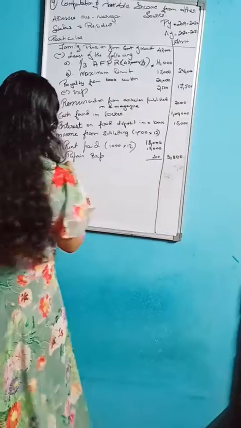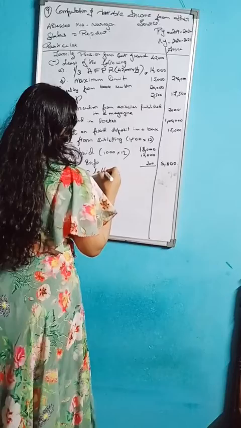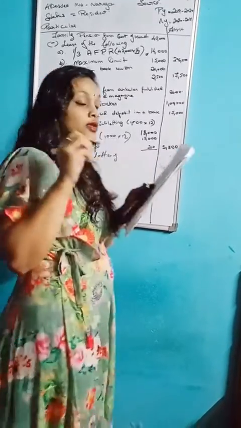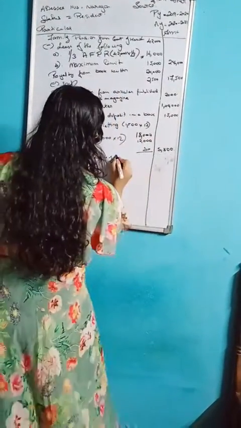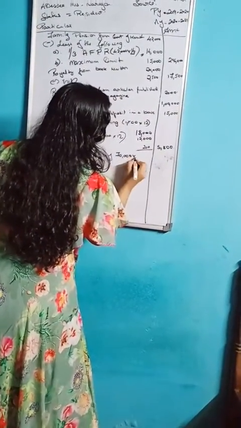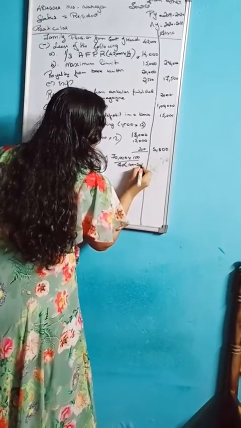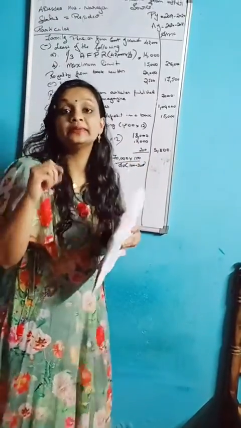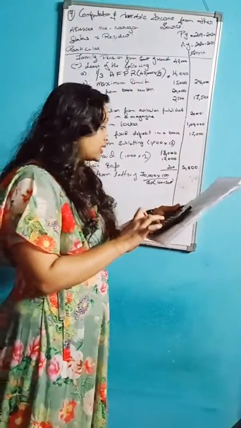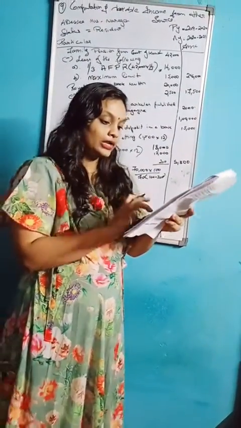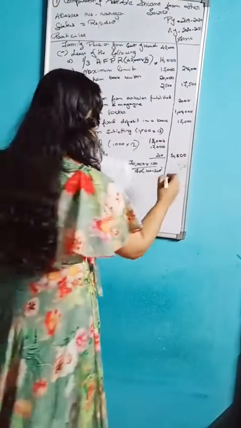Next, winning from lottery, the amount is 70,000, more than 10,000, so you should calculate TDS. So 70,000 into 100 divided by 70, because 100 minus 30 is 70. 30% comes because it's the casual income TDS percentage. So you will get 1 lakh.